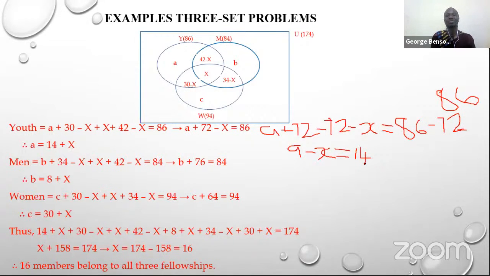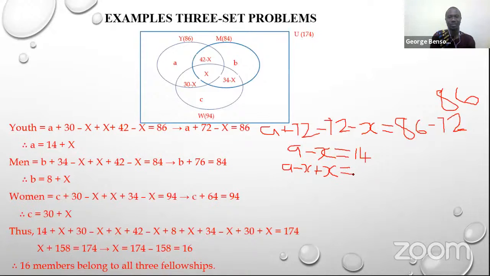Is that okay? Yes. Now, because I'm interested in the x, I want the x to be the subject of the equation. We call it making it the subject. So you see this negative x, I'll add x to both sides so that it will be gone. So now a minus x plus x equals 14 plus x. Is that okay?